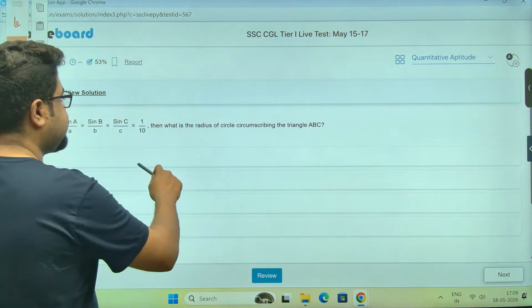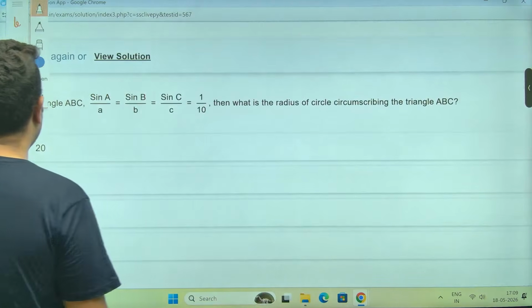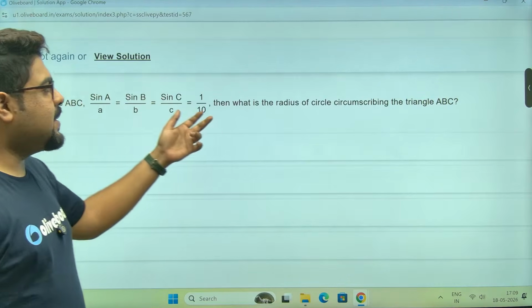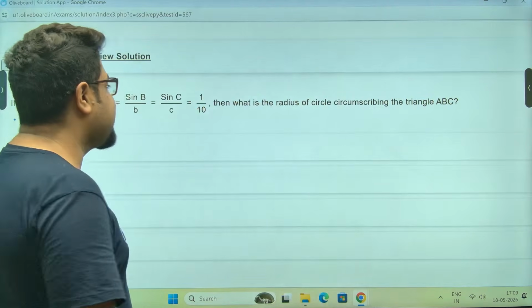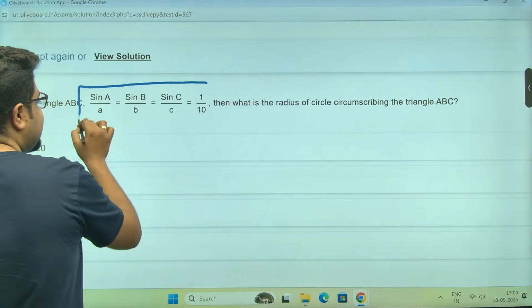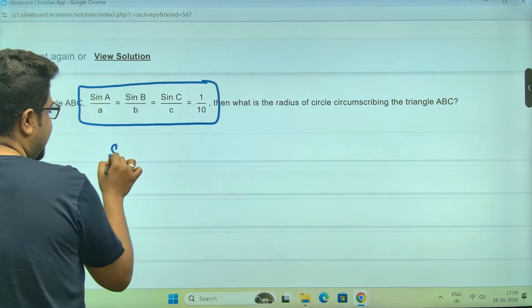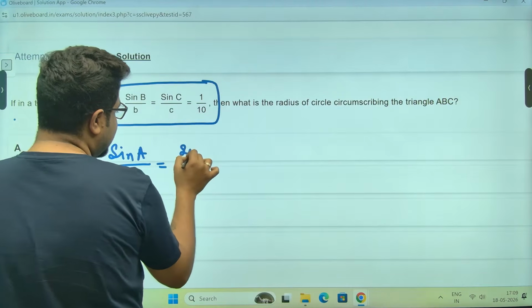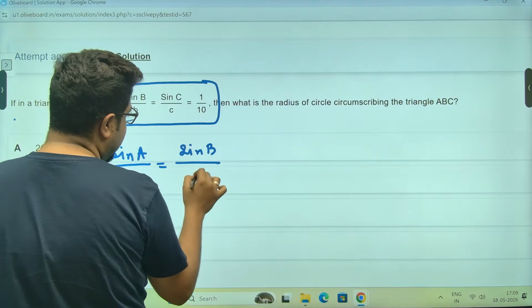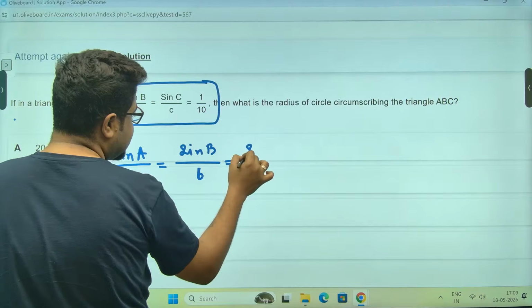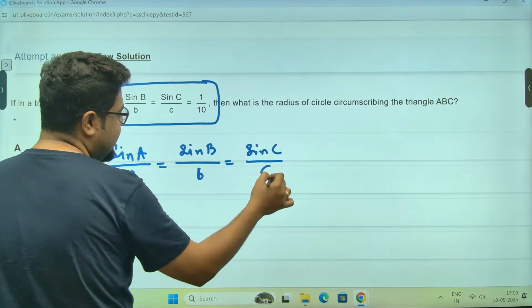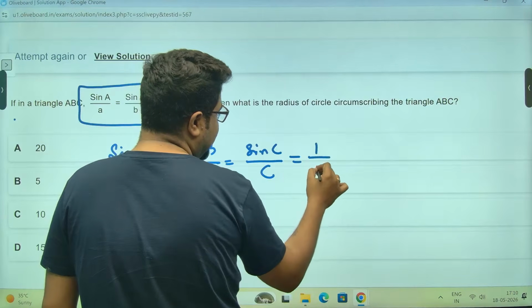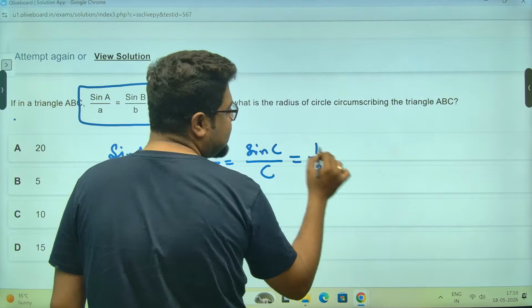Next one. What is this? Acha, they're asking for the circumradius. It is a sine rule question: sine A by A is equal to sine B by B is equal to sine C by C is equal to 1 by 2r, where r is nothing but the circumradius.